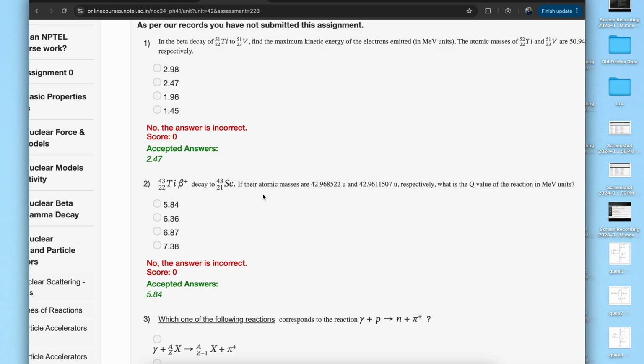This is the standard Q value formula, times c squared. But in this problem, we are provided with the atomic masses, not the mass of the nucleus. So how do we find the Q value? That is the problem.